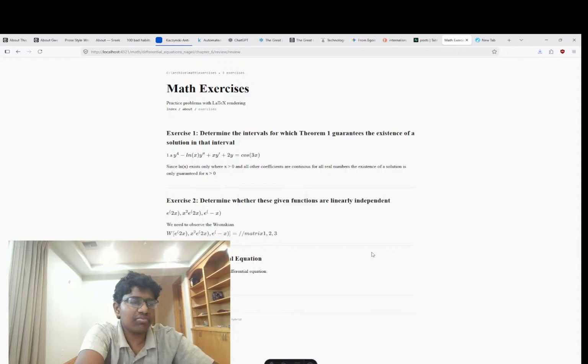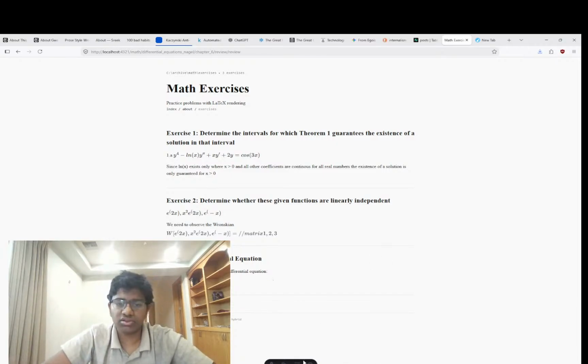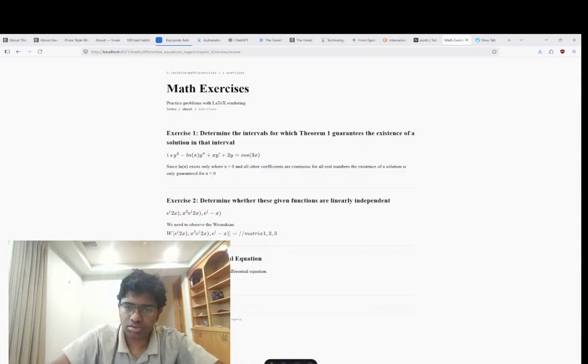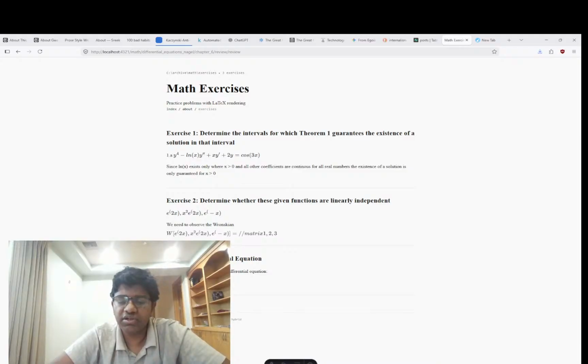I'm gonna be honest, I'm really bad at LaTeX. Okay, so I think this is the way to do it. I believe there's a slash, and then brackets, and then before the end.